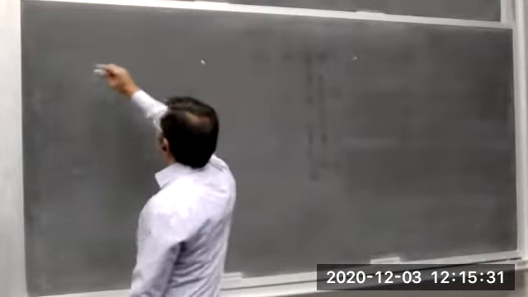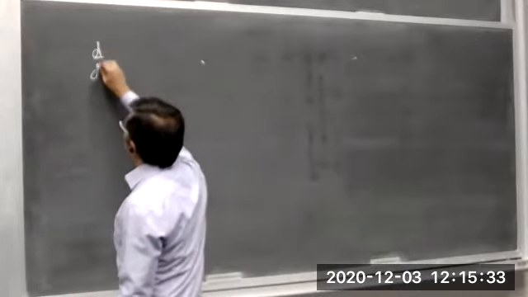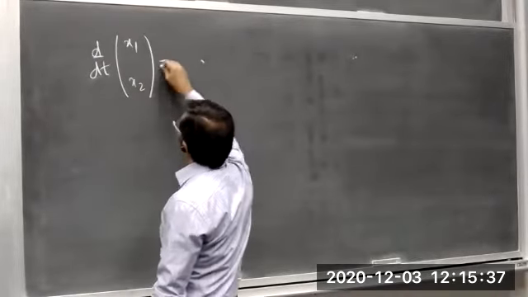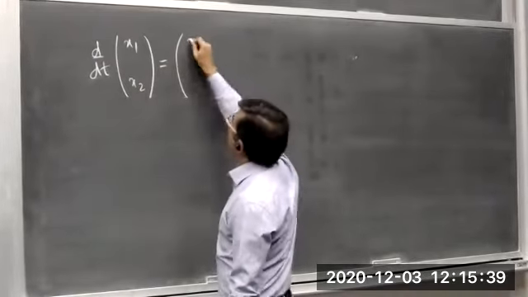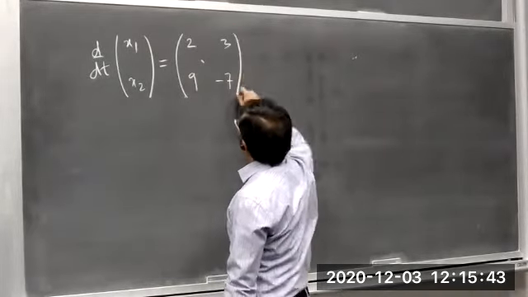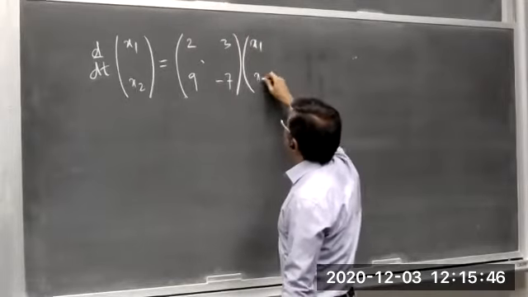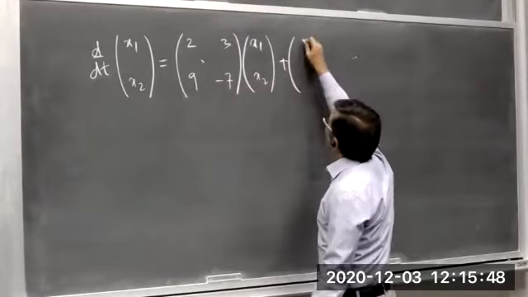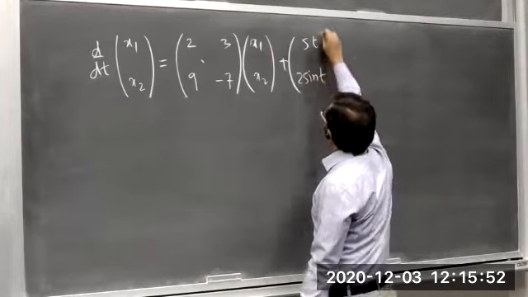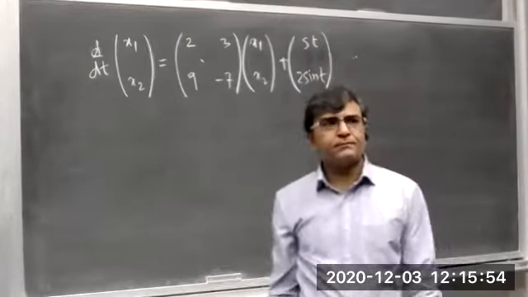Now that system can further be written as d by dt of x1, x2 is equal to the same 2, 3, 9, minus 7 times x1, x2 plus 5t and 2 sine t.